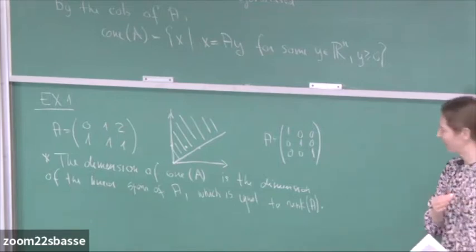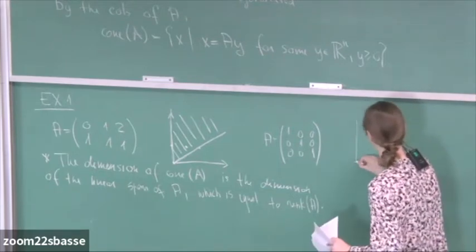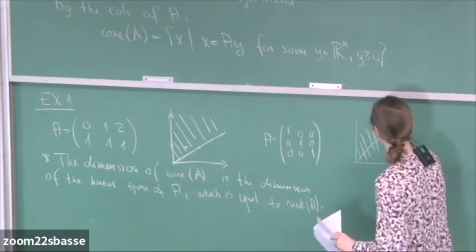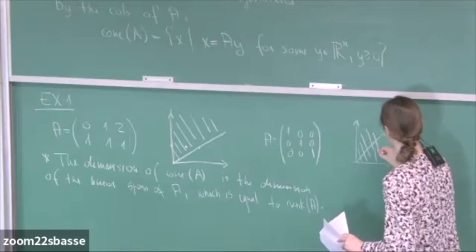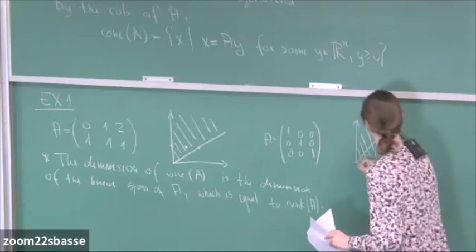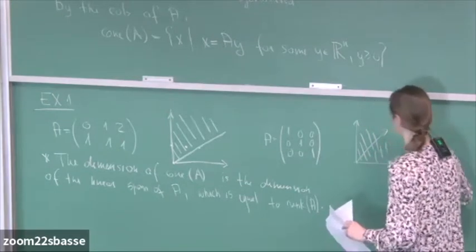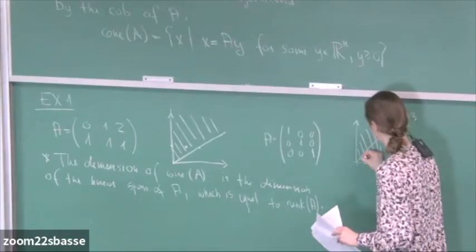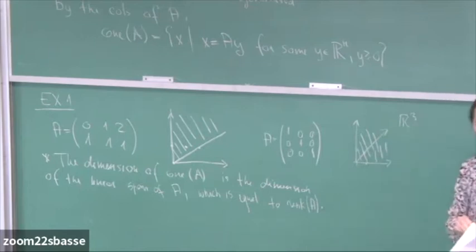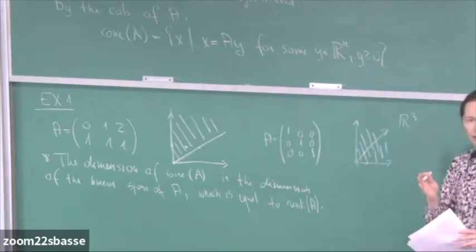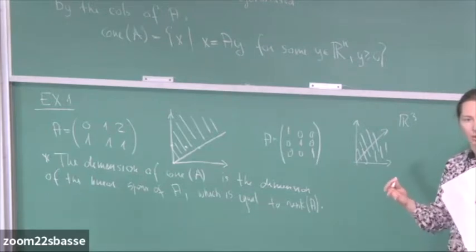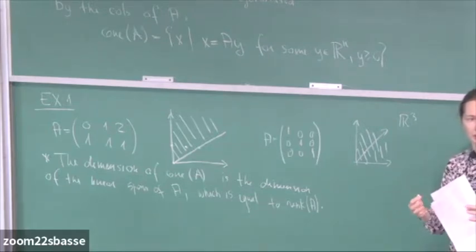I heard the correct answer: it would be the positive orthant, or non-negative orthant, in R^3. Right, so now the 3 elements are the 3 unit vectors. So these are the rays of this cone. And then we also have to take all the convex combinations of the rays.